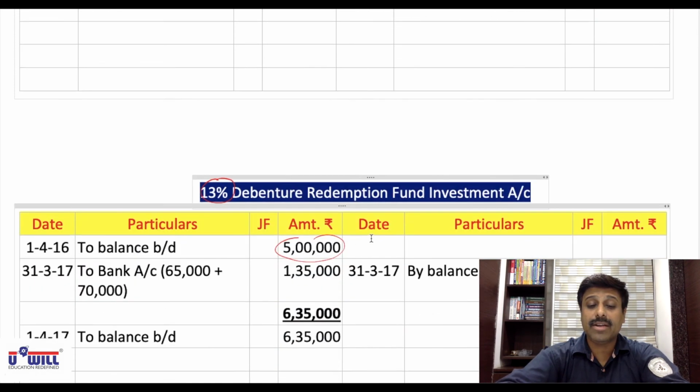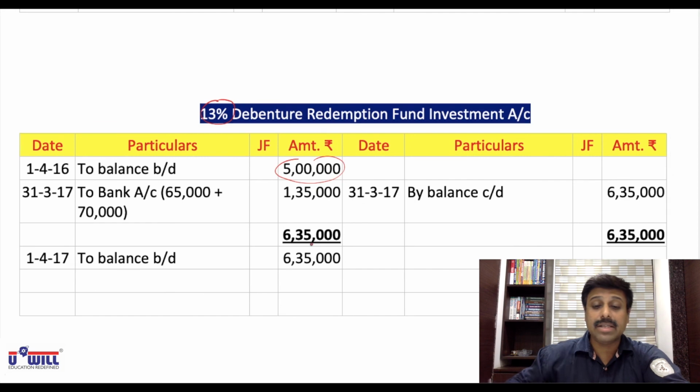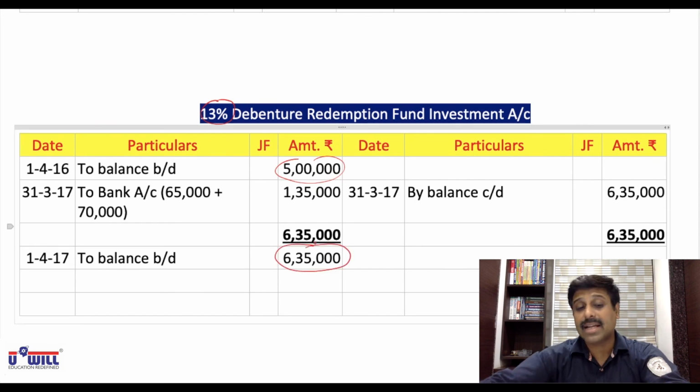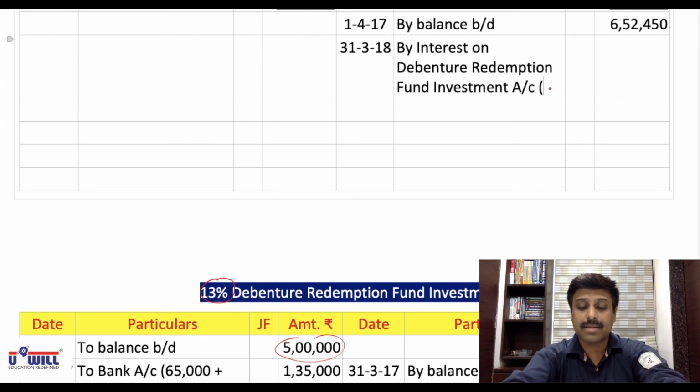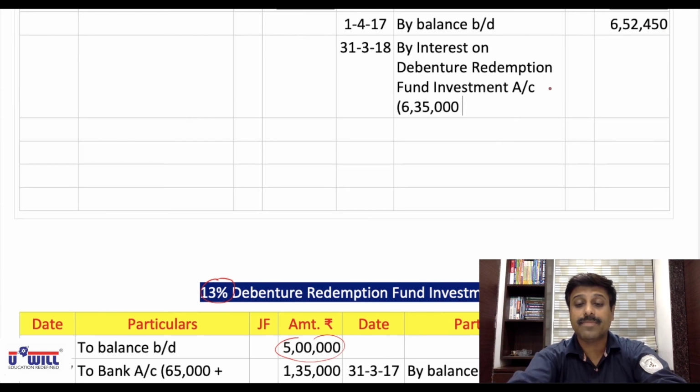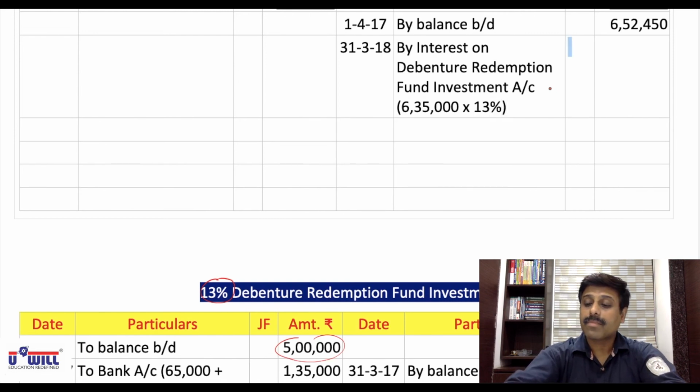Now how will we count the interest on the opening balance of investments? In the last year we will receive 13% interest on 6,35,000. Counted, everyone, 6,35,000 into 13% interest comes to 82,550.